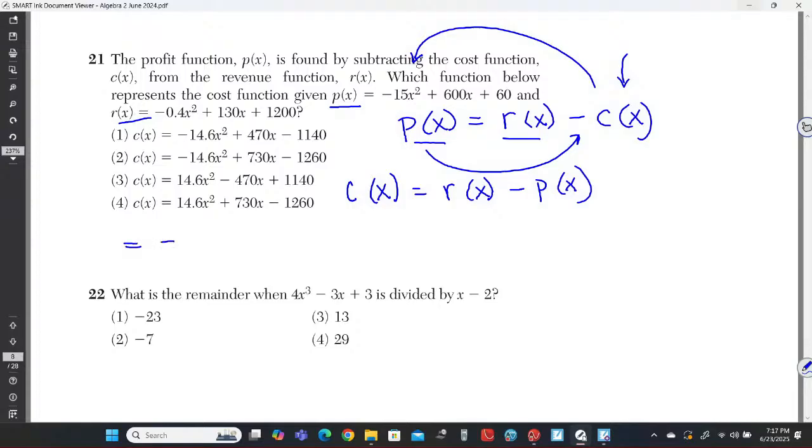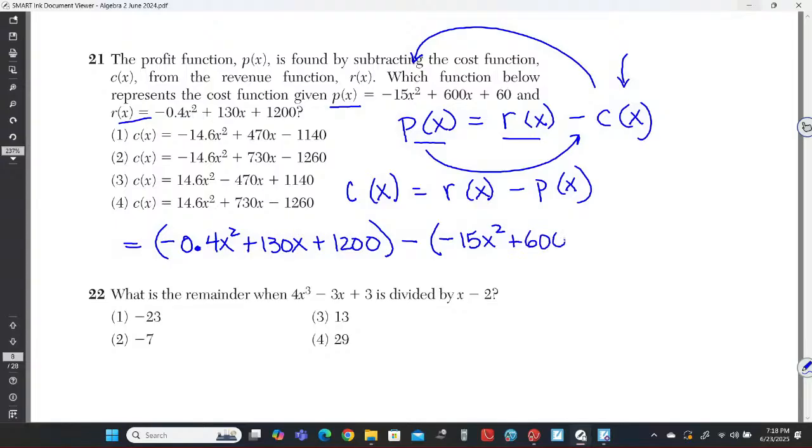Because I know that the revenue function is negative 0.4x squared plus 130x plus 1200 minus the profit function, which is negative 15x squared plus 600x plus 60.